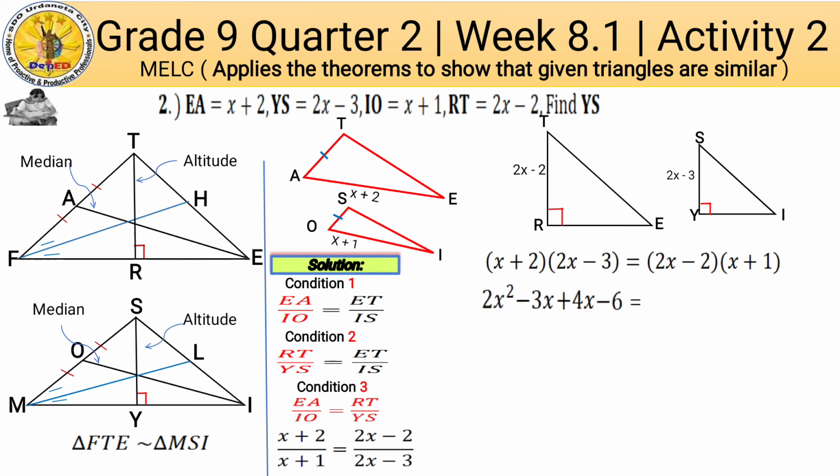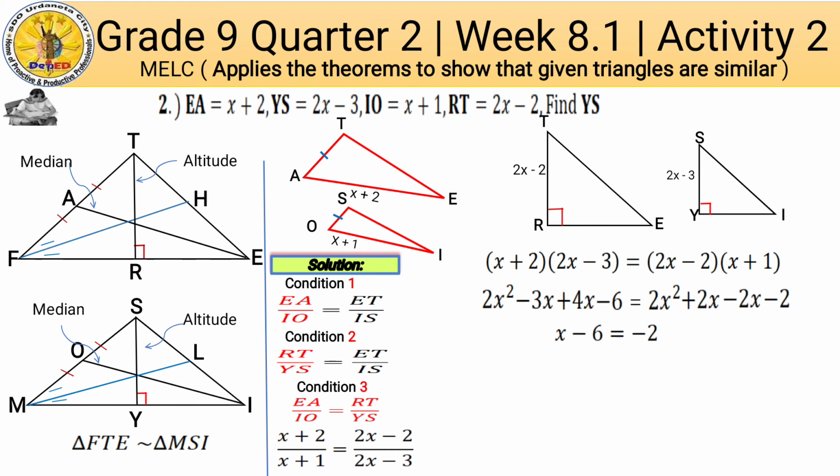On the other side, we have also the product of the first term, the outer term, the inner term, and the last term. Cancel 2x squared, then add positive 2x minus 2x equals 0. 3x and 4x equals x, minus 6 equals negative 2.